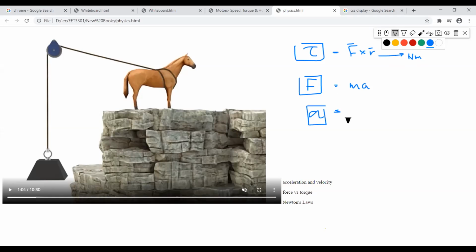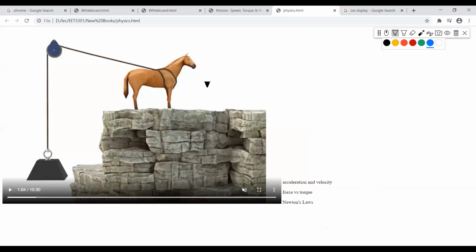Those things we discussed. And force, the unit would be Newton. The same you can write as kg m s to the power minus 2, right? So as a summary, these are the things we reviewed.